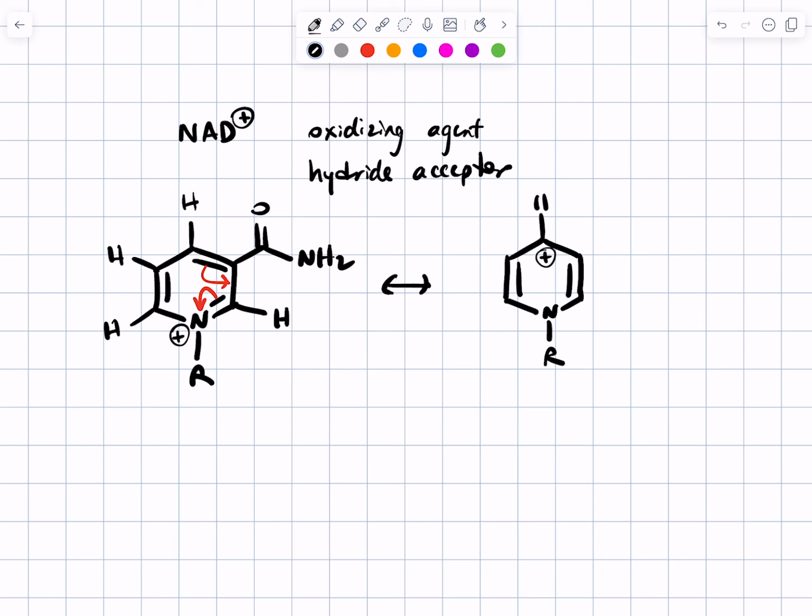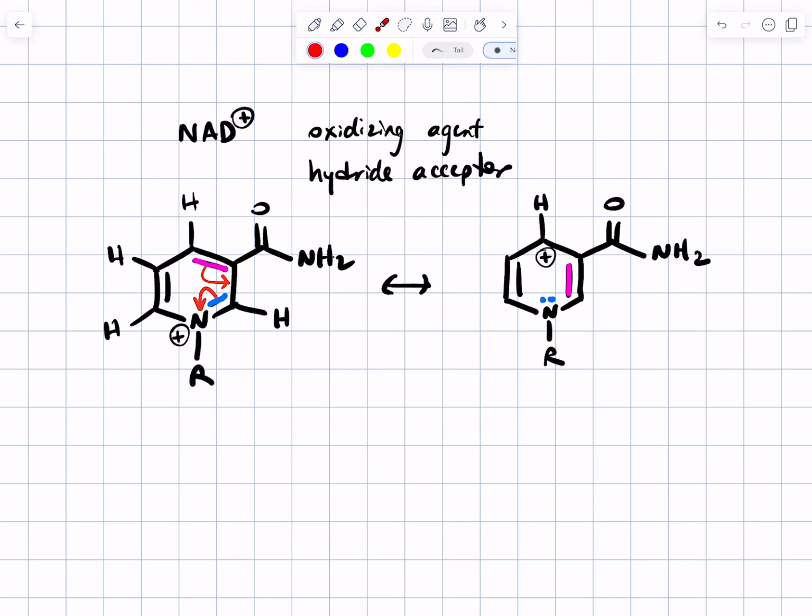It used to own 4 electrons, now it only owns 3. And just to be clear, the electrons from this pi bond end up here. The electrons from this pi bond end up here. And then of course I'm missing the amide group that's there, and I'm not showing the other hydrogens on the other carbons.